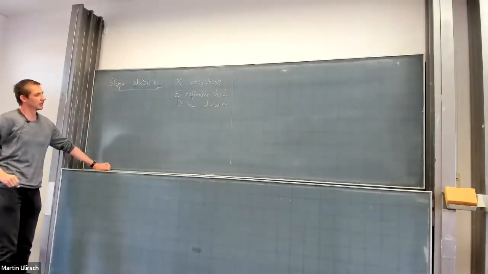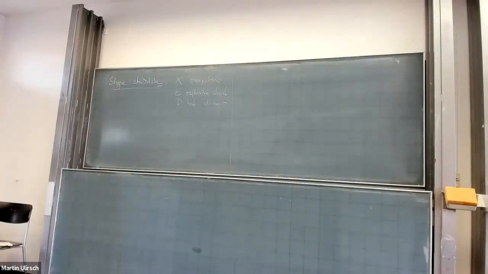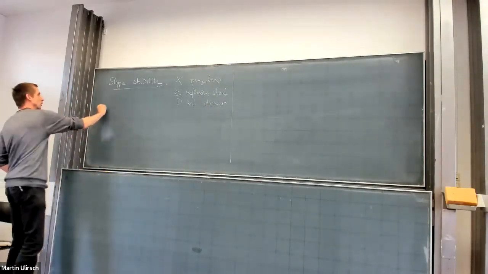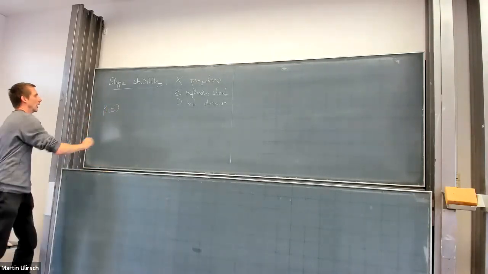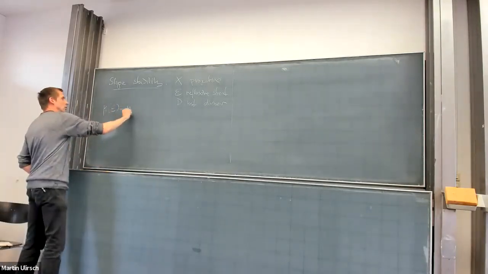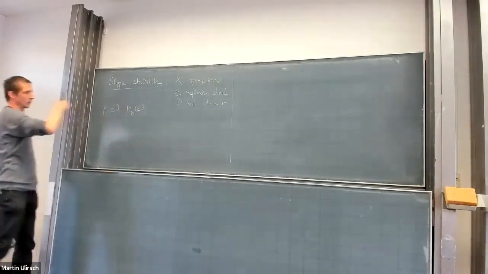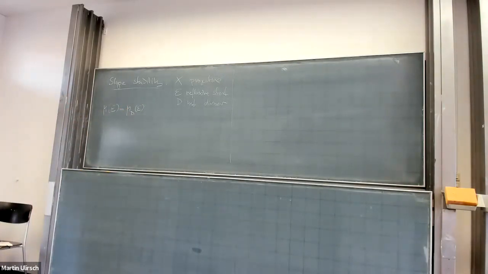Okay, so then we have the notion of slope. Let me denote this by mu of E. And actually, I should write mu_D of E, because it depends on the choice of our divisor.